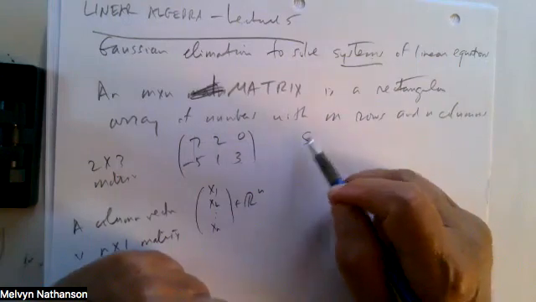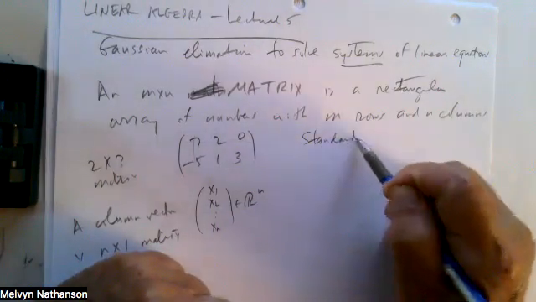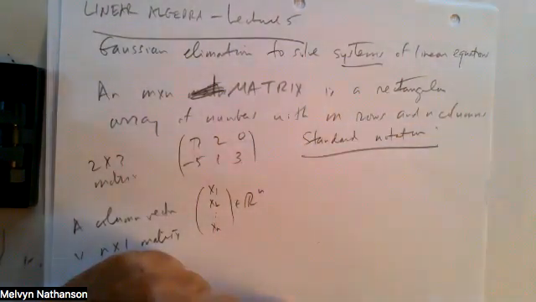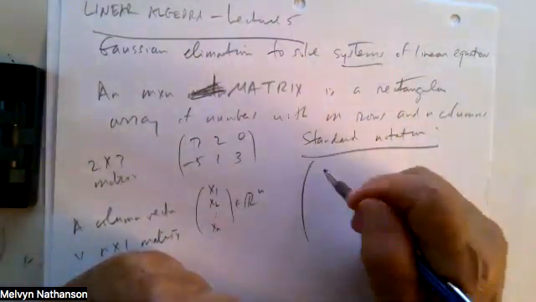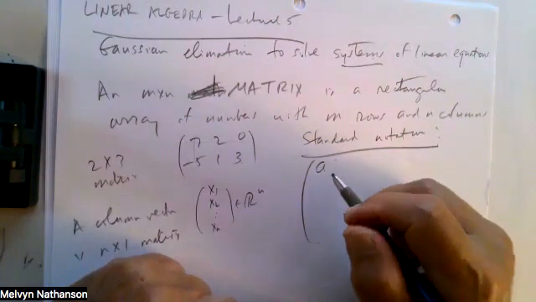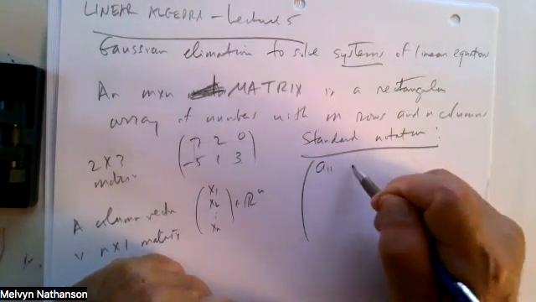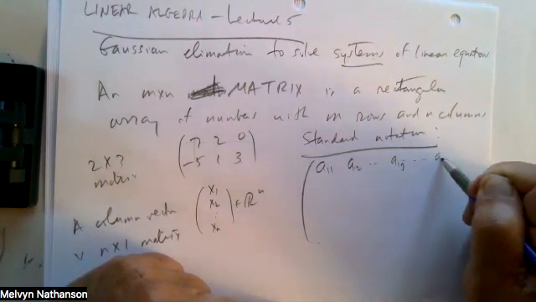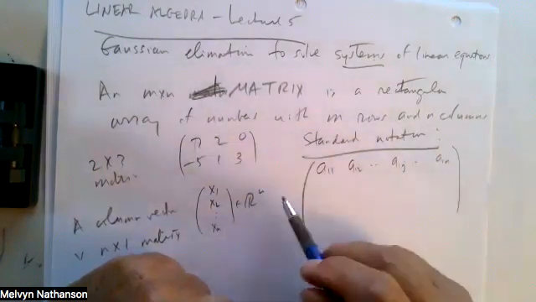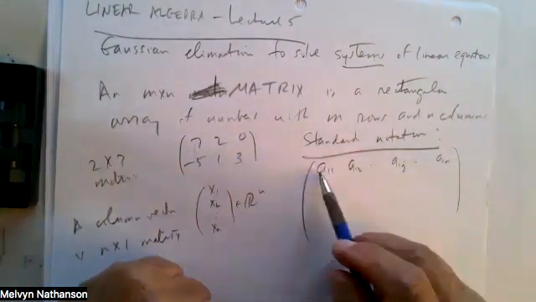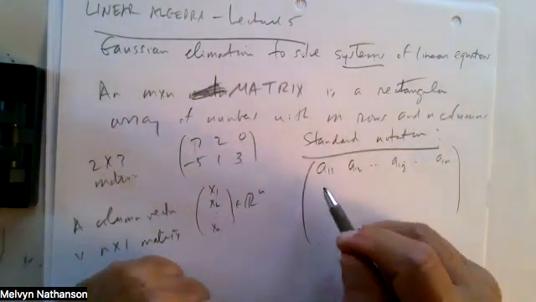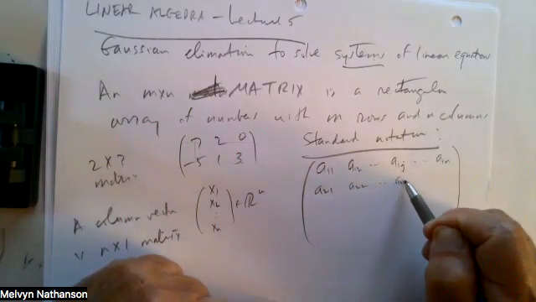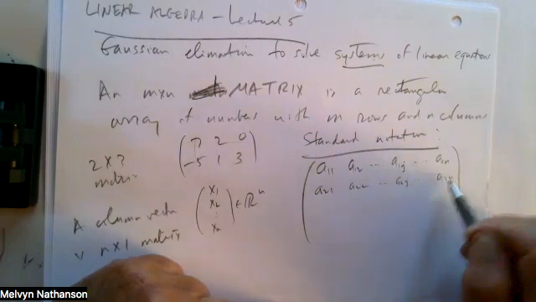And the standard notation is as follows. Let's say we use the letter A for the coordinates of the matrix. The first row is A11, A12, up to A1j, to A1n. This is the first row of the matrix, and there are n numbers in it. The second row is A21, A22, A2j, to A2n.